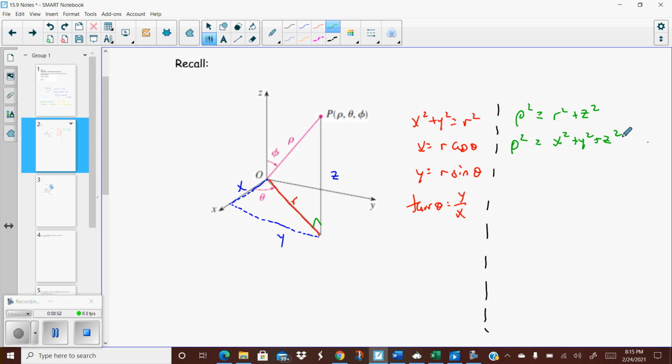But we also know that spherical is rho, theta, phi. So to find theta, actually, let's go with phi, because we pretty much can figure out theta. But let's go with phi, just to give you the equations that you're really going to need here. So if we wanted to find phi, well, the angle that's phi in between the z-axis and rho, that's your angle.